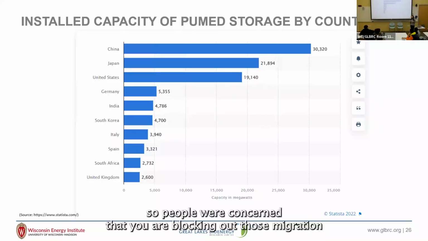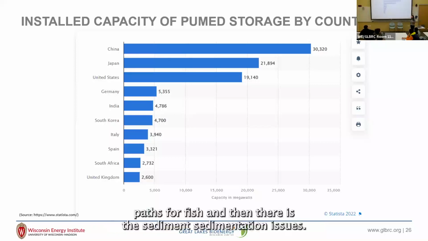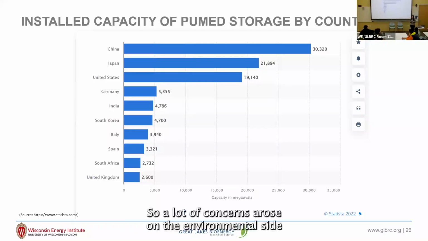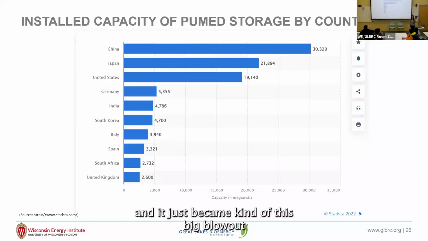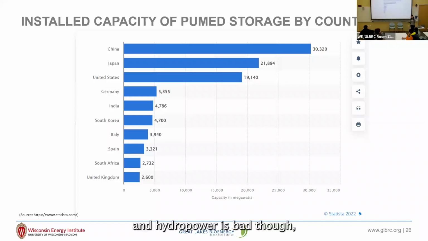So people were concerned that you're blocking out those migration paths for fish, and then there's the sedimentation issues. So a lot of concerns arose on the environmental side, and it just became kind of this big blowout, hydropower is bad, got a lot of bad press, and that's when basically it stopped.